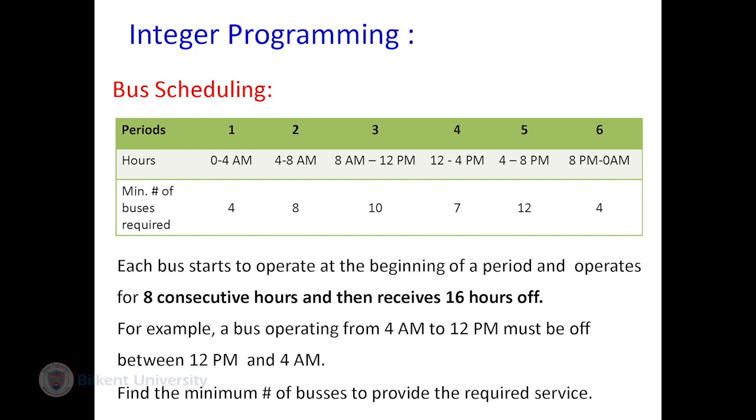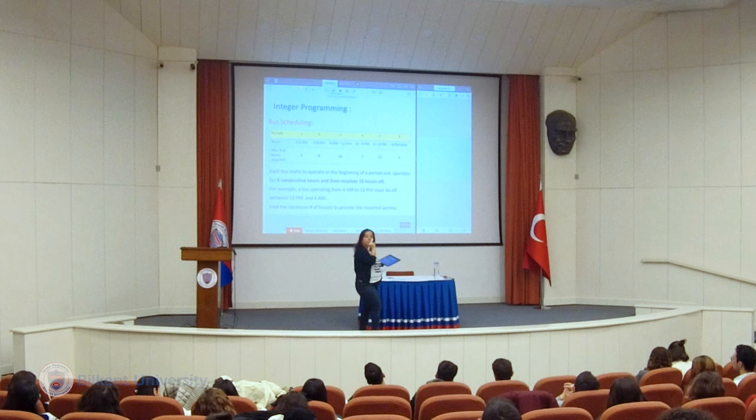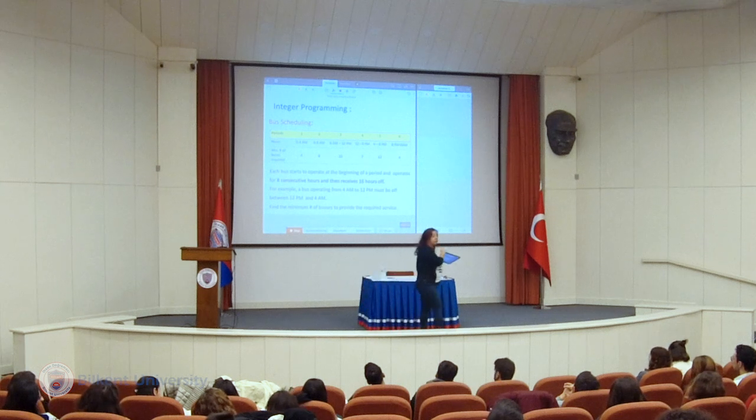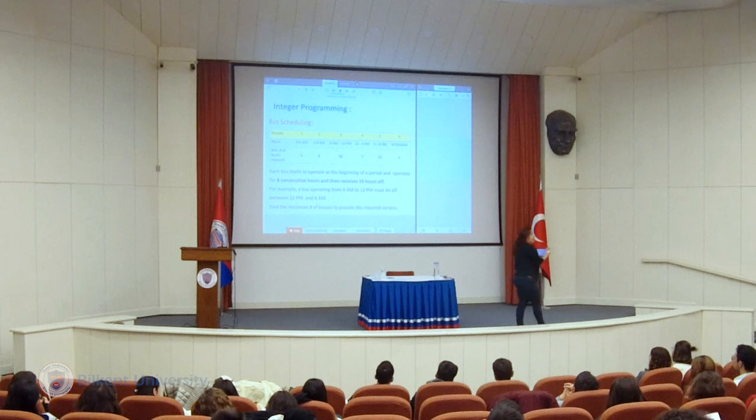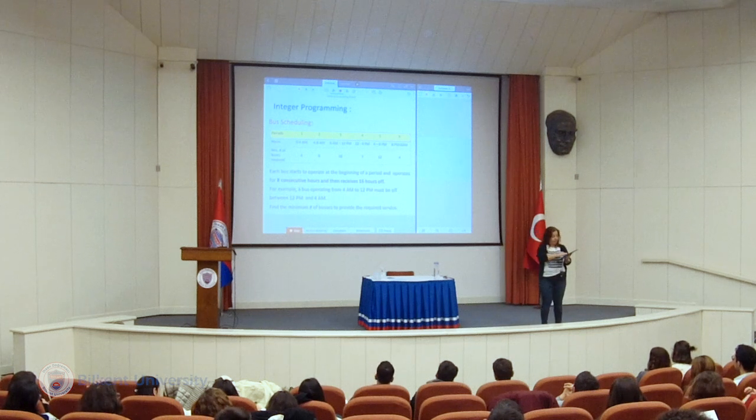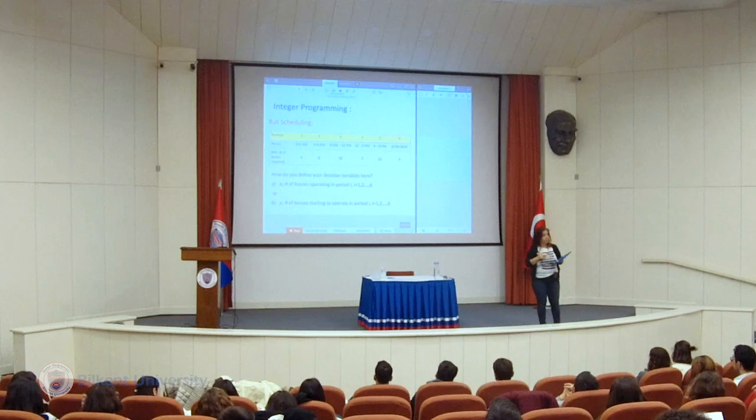Okay? All right, our problem is, how many buses do I need? What is the minimum number of buses so that I satisfy these requirements? Okay? Well, the next slide immediately tells you the decision variables, so I cannot make a discussion, but there are two options.